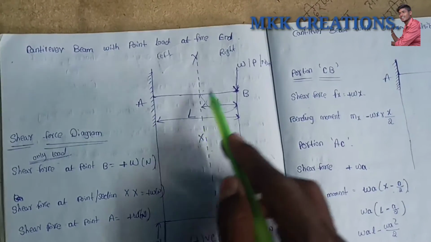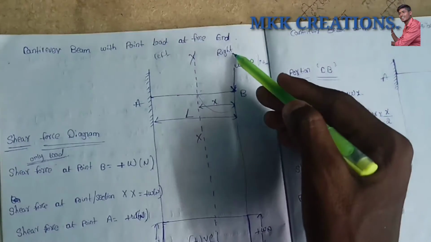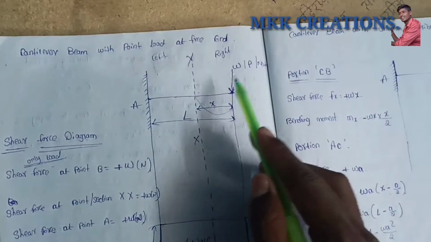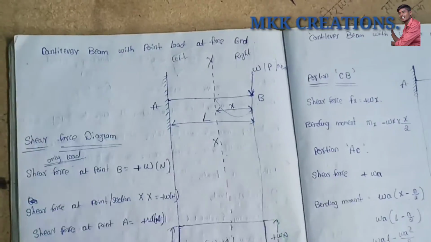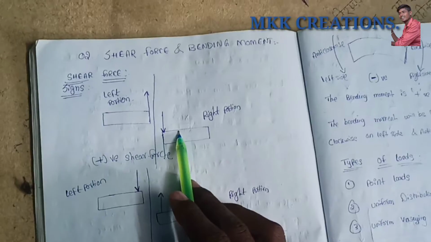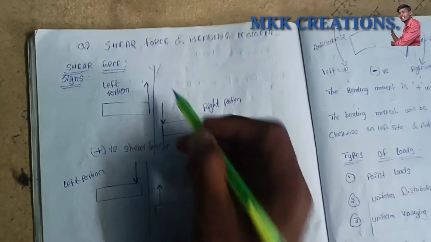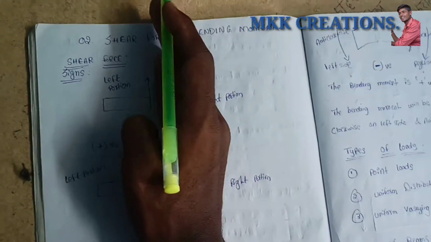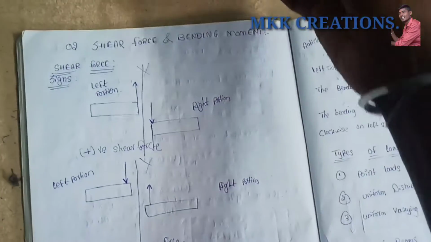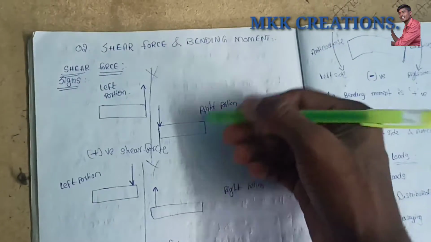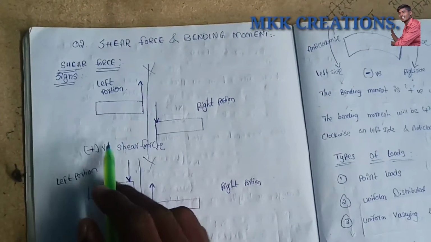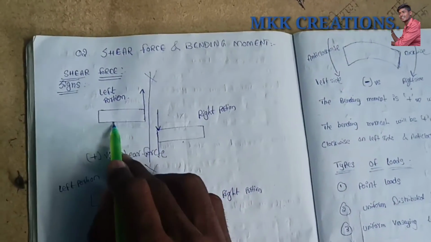If on this right portion the load is coming from top to the point, this is a point load, and it indicates positive shear force. Consider section xx as a section plane which divides the bar. In the right side portion, if it acts from top to downside, it indicates positive. Next, bottom to upside is also positive in shear force.